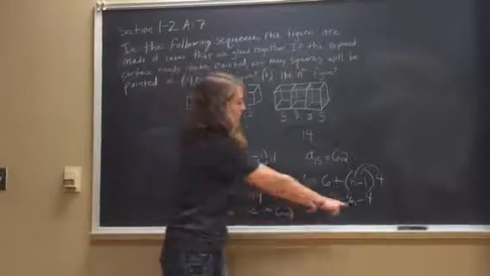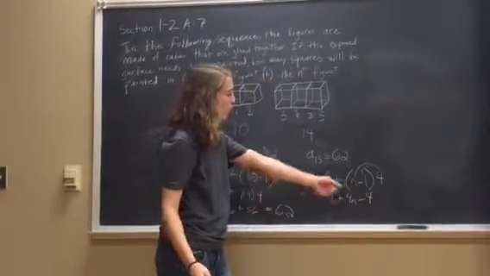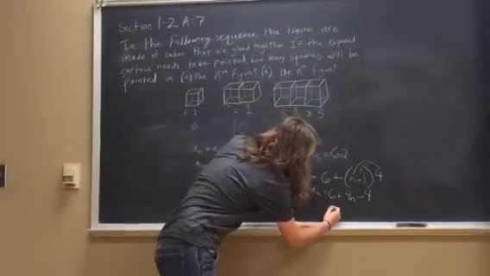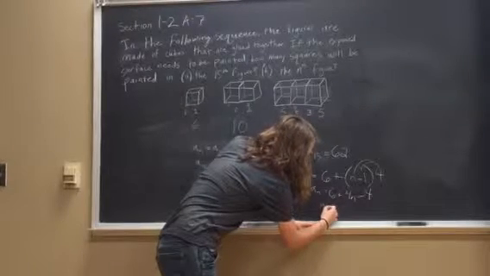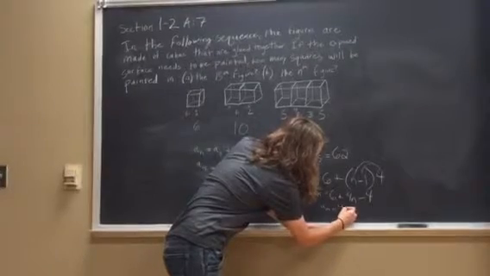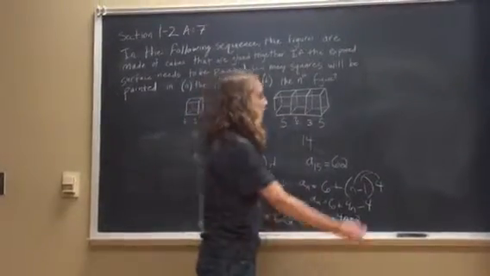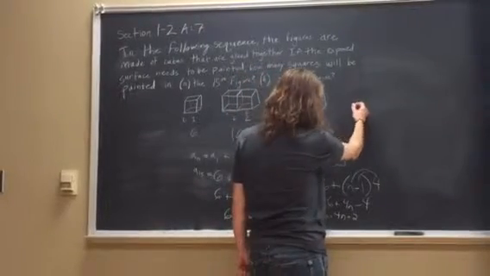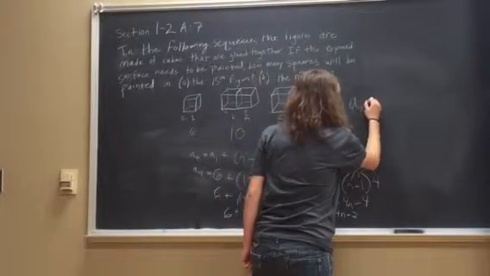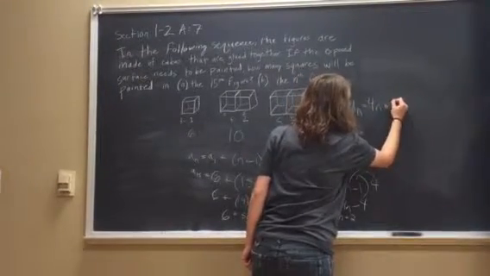And then the last step is to combine these two terms, the 6 and the negative 4. So 6 minus 4 is 2. So your final answer is a_n equals 4n plus 2. And we'll write that up here so you can see it a little bit clearer.